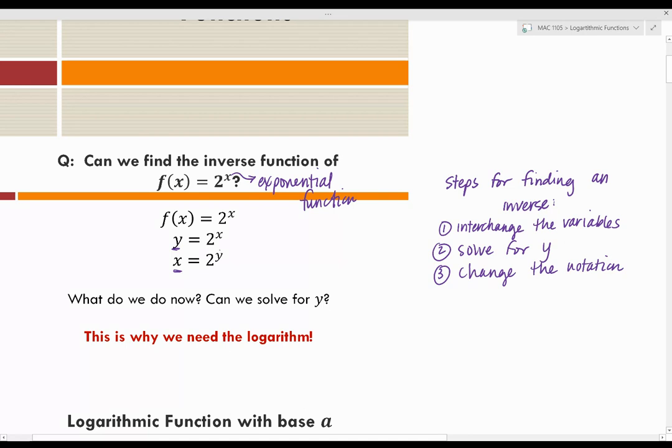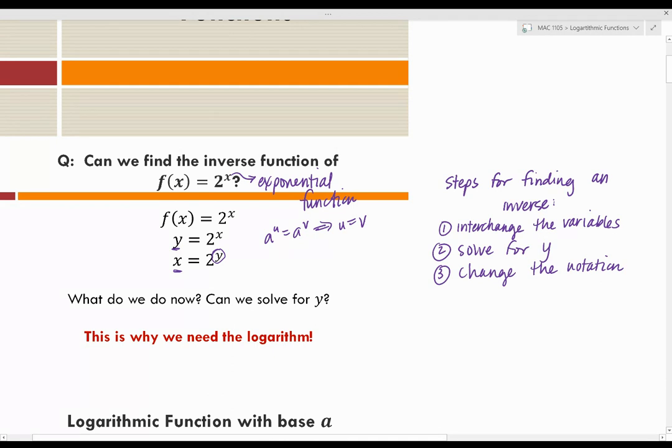As you notice, y is here in the exponent. And we know from when we just looked at exponential functions, the only rule we have right now for solving for a variable in the exponent is if we have a to the u equals a to the v, then u equals v. That means the only way that power can come down is if we can get the bases to be the same on both sides.